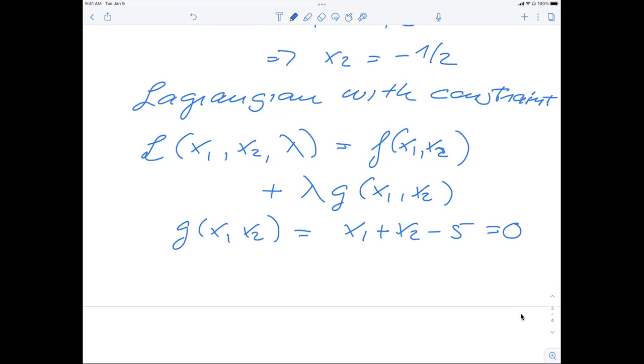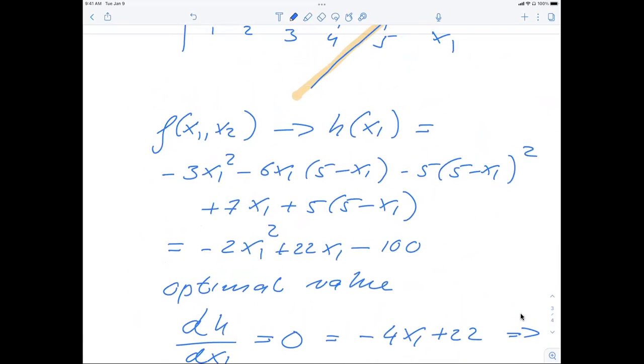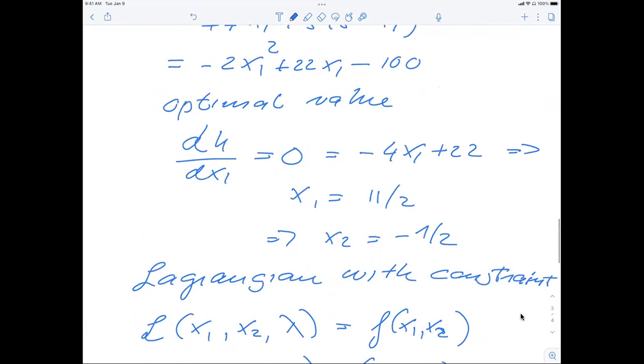So let's now use the Lagrangian formalism and extract the same solution which we found by doing the plain mathematics. Let's try to repeat this exercise. It actually looks a little bit more complicated than the simple, straightforward path which we took before, where we just made the substitutions, took the derivative and found the optimal values.